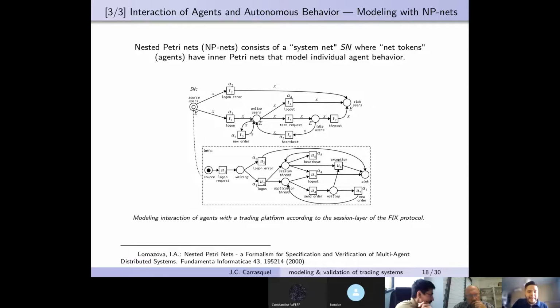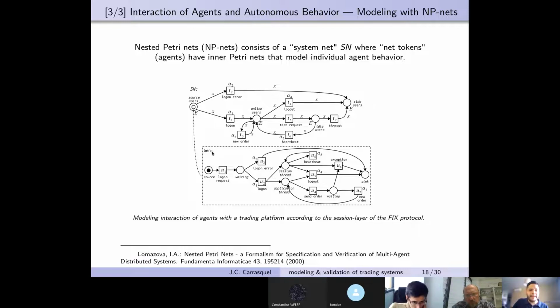This is a very small example of the FIX protocol, the Financial Information Exchange Protocol. This is a standard used in trading systems, and I focus on the session layer. The session layer is the one responsible for the communication management of the agents and the platform.